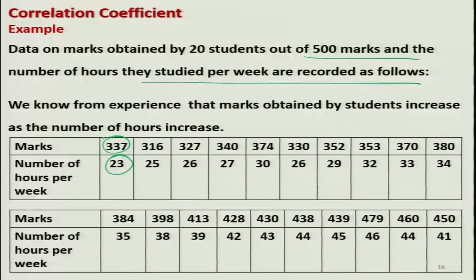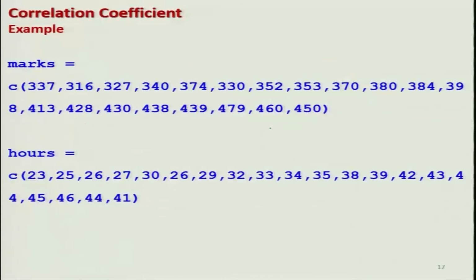Similarly, another student studied 25 hours in a week and got 316 marks, and so on. We know from experience that the marks obtained by students increase as the number of hours increases. So, now let us try to understand this analysis through the R software.